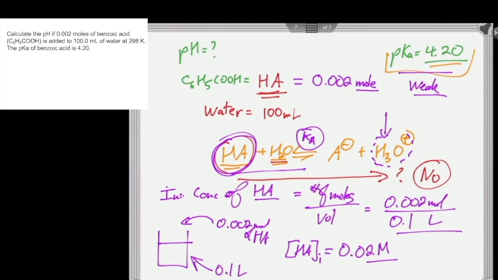This is the initial state. Does anybody remember the term we gave to measure this? Q, exactly. This is not K. The instantaneous concentration, or the reaction quotient, would be how much stuff you have in this equilibrium before it has reached equilibrium. So this is our initial state.